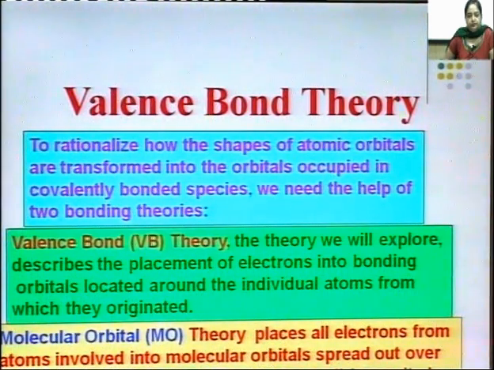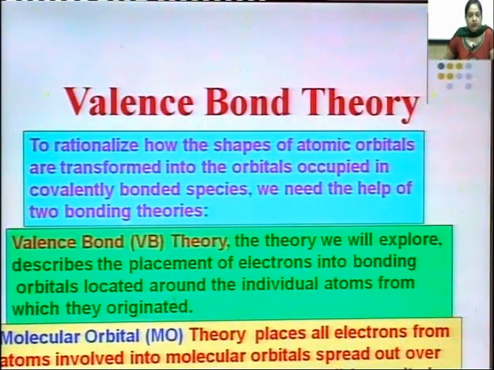Valence bond theory. To rationalize how the shapes of atomic orbitals are transferred into the orbitals occupied in the covalently bonded species, we need the help of two bonding theories. One is valence bond theory and the second is molecular orbital theory.